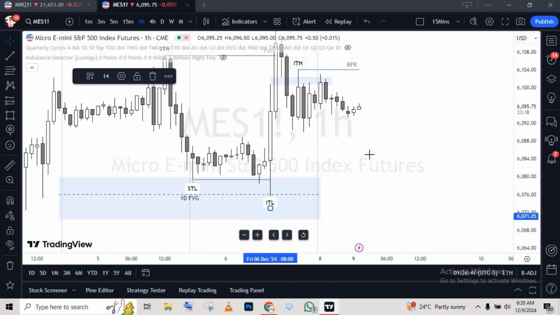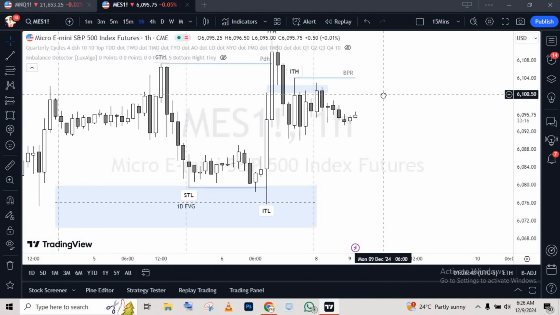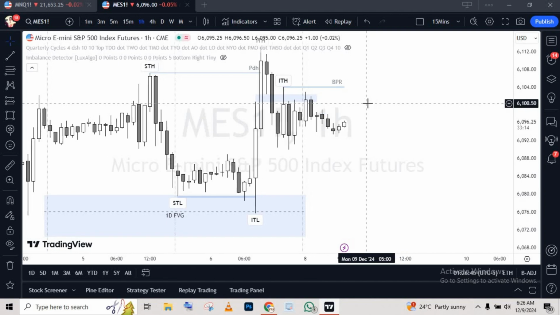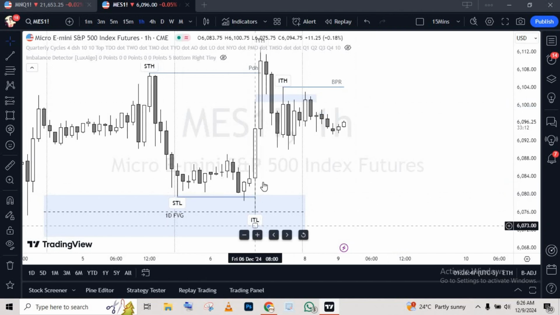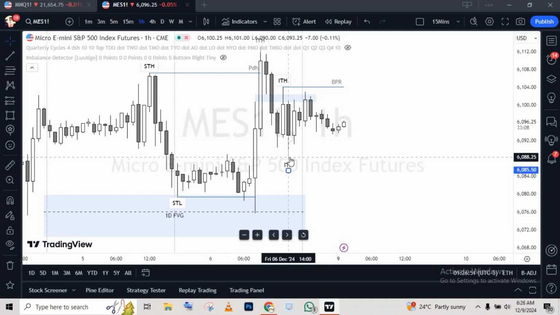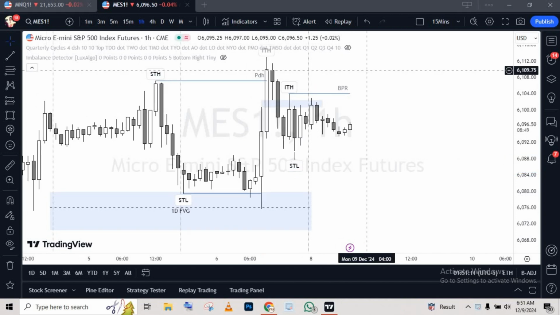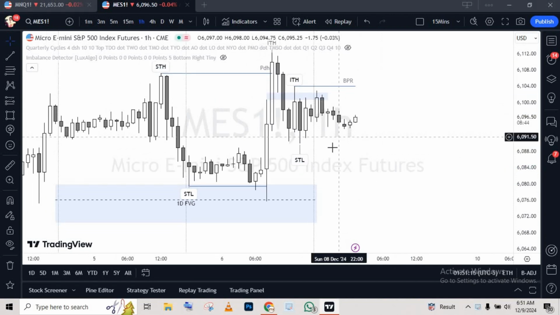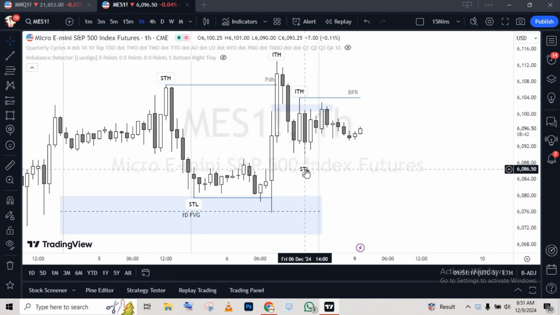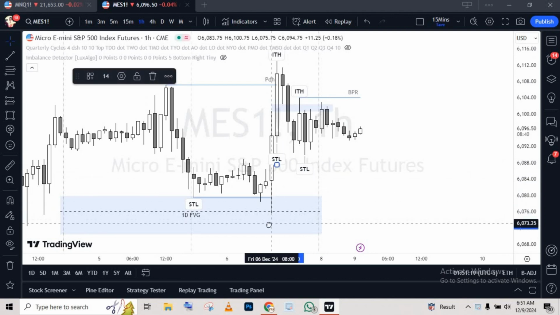So we can see pretty much here, we have a short-term low here, an intermediate term low here. Why? Because right here, you look to your right-hand side, we have another short-term low right here.